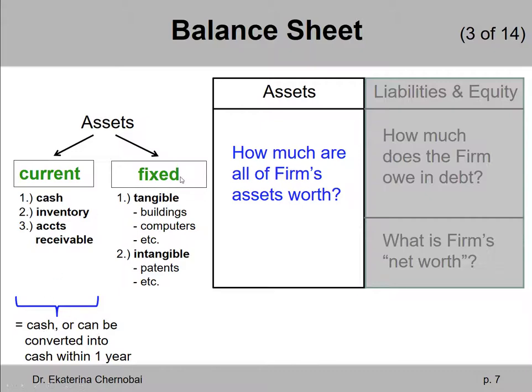For fixed assets, the amount of time it would take to convert those assets into cash would be significantly longer. For example, it typically takes many months, it could be many years, or at least a few years to sell a building. So this is sort of a convention in finance. Short-term versus long-term. Short-term, we assume it's anything that can be turned into cash within a year.